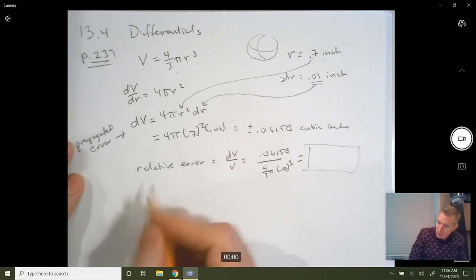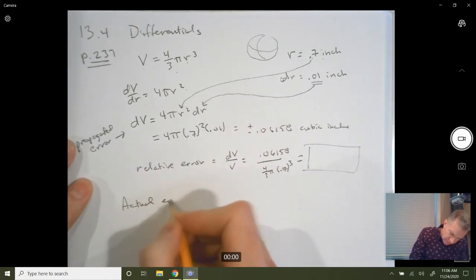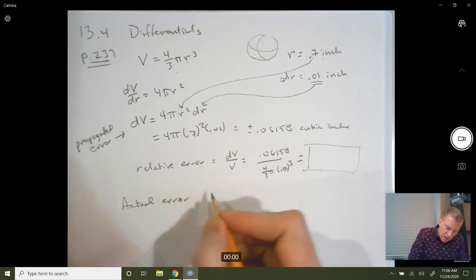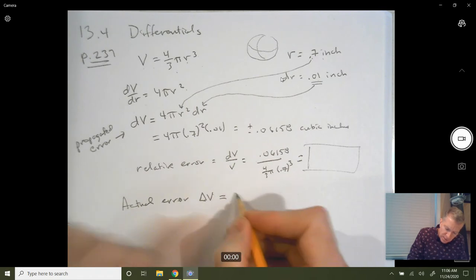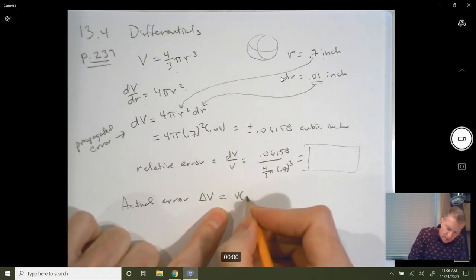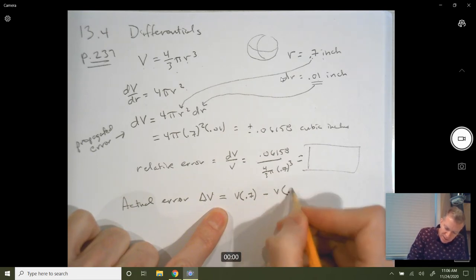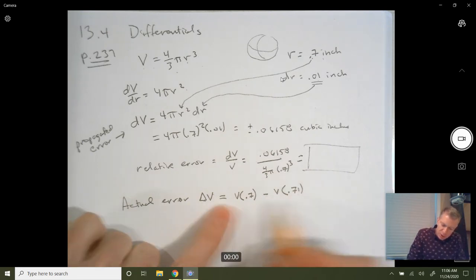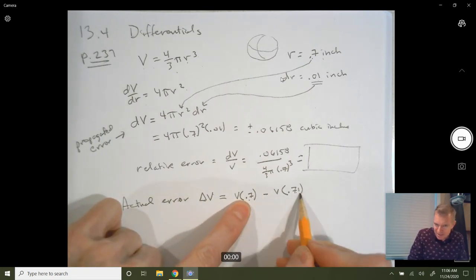Now, the actual error is your actual change in volume, which is your volume calculated at a radius of 0.7, minus your volume calculated at a measurement of 0.71. If that measurement could be off, it could be as much as 0.71, could be as little as 0.69.